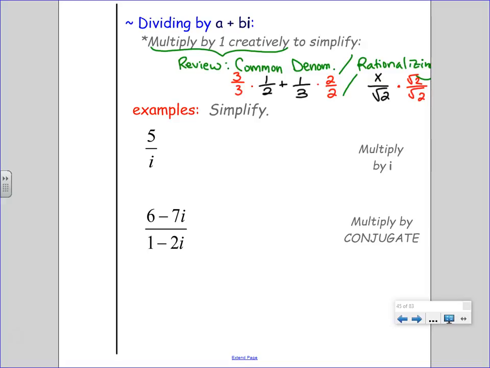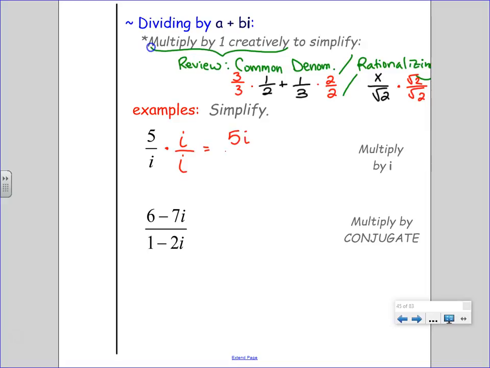So if we're dividing, proper form says you don't leave i's in the denominator, the same way we didn't leave square roots in the denominator. And how do we fix it? We say, hey, i squared isn't the problem, so we multiply top and bottom by i.